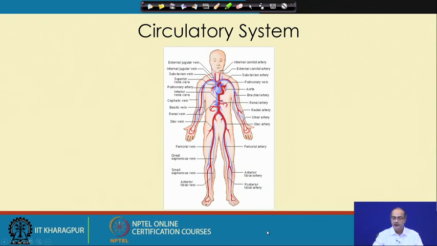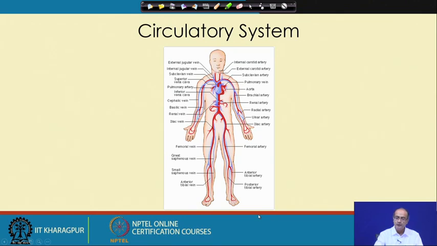It is carrying primarily the oxygen as well as the glucose to each of the cells, and then again through the small blood vessels it is coming back to the veins, and through that it is reaching again to the pump, that is the heart in our body.